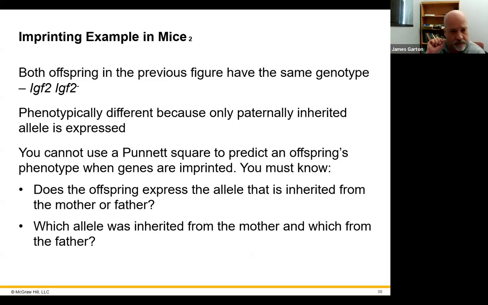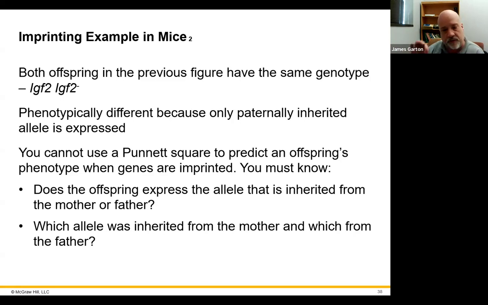And you have to know some things to make an educated guess. Which allele is expressed? Is it from the male parent or the female parent? And then you have to know which allele was inherited from the mother and which one was inherited from the father.